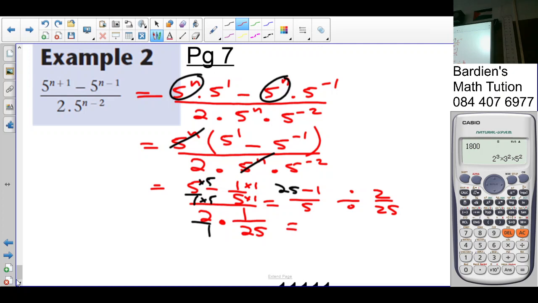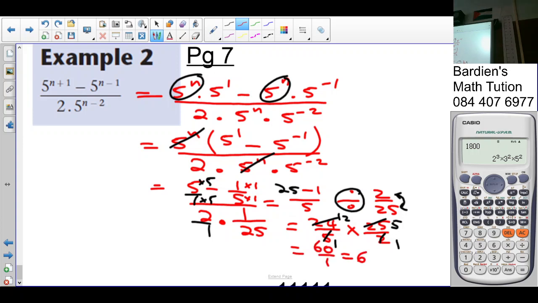Which is simply 25 minus 1 is 24 over 5, times 25 over 2. Remember we're tumbling and times. 5 goes into 5 once, 5 going into 25 five times. 2 going into 2 once, 2 going into 24 twelve. 12 times 5 is 60 over 1, which is 60. We can check this using our calculator.